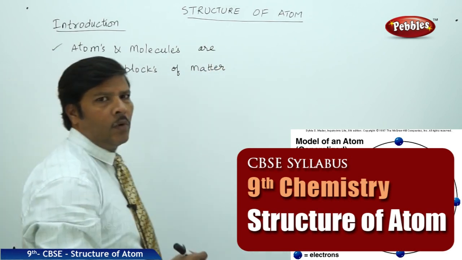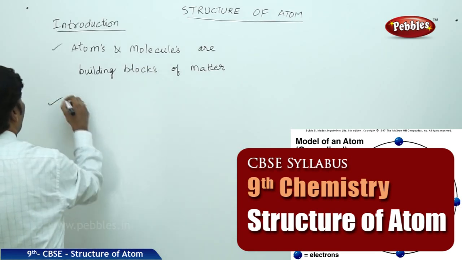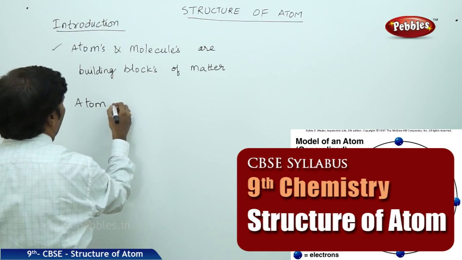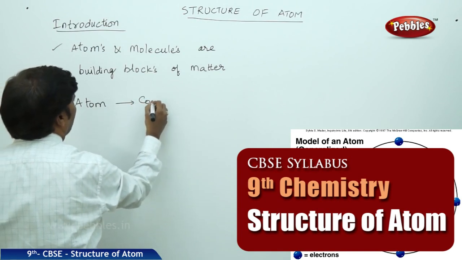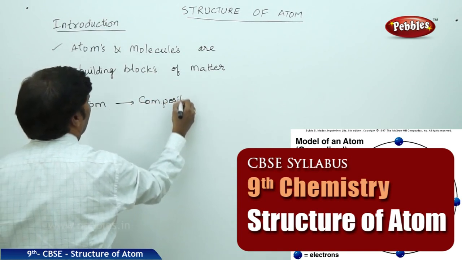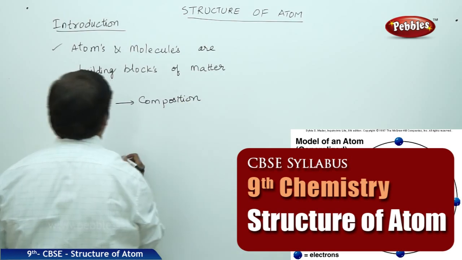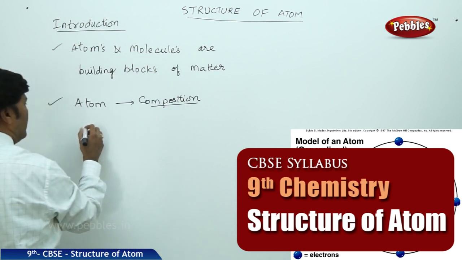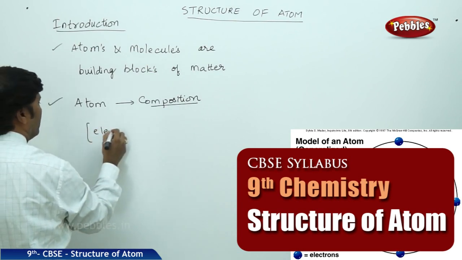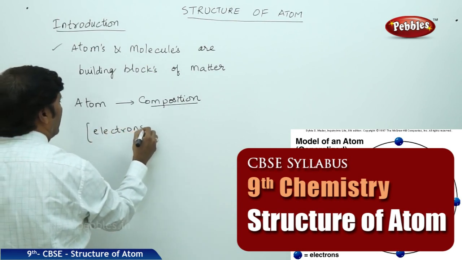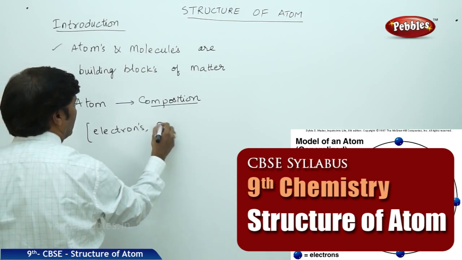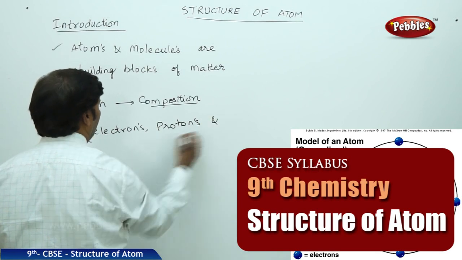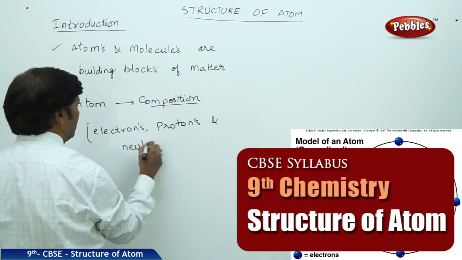If you go to the atom and speak about its composition, it is mainly made up of electrons, protons, and neutrons.